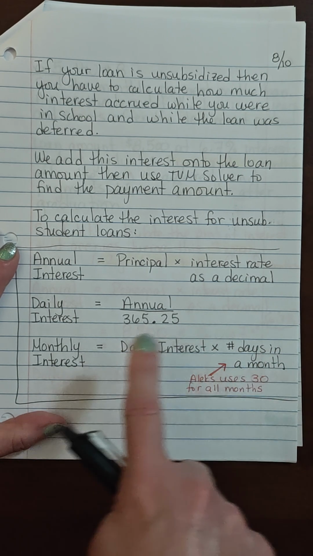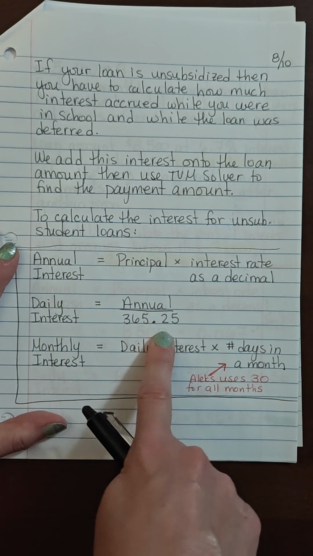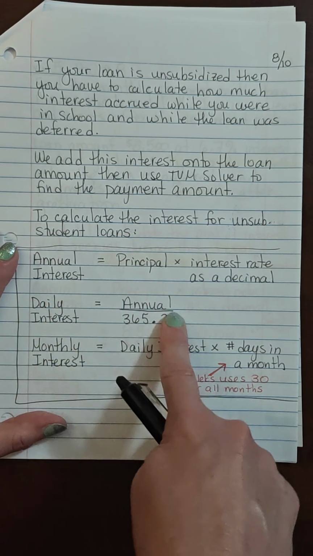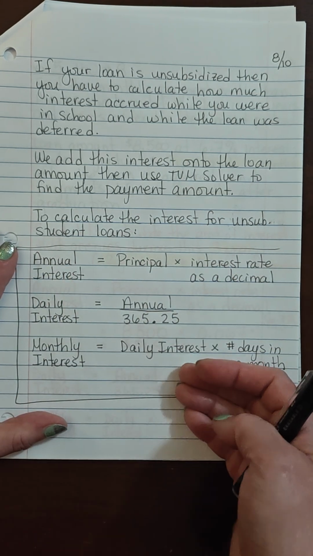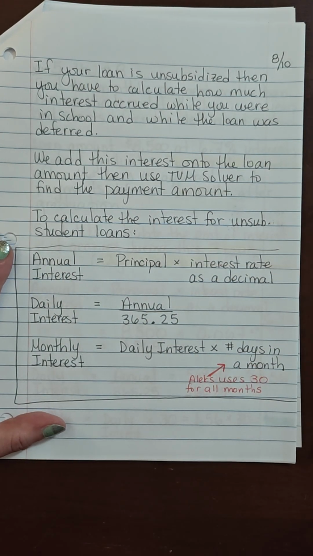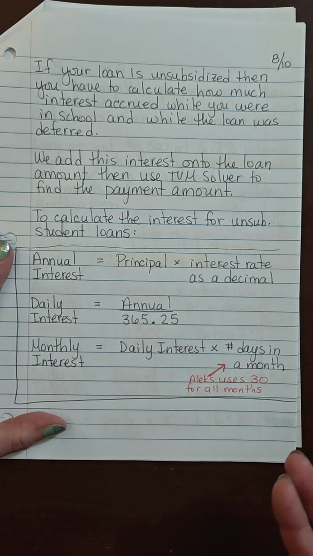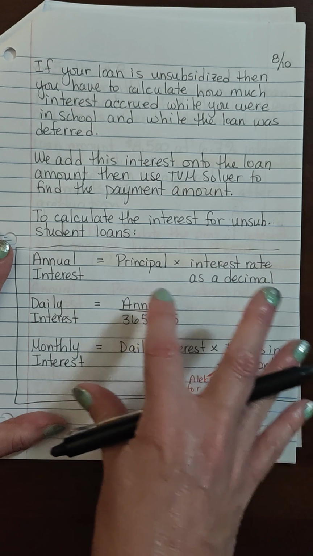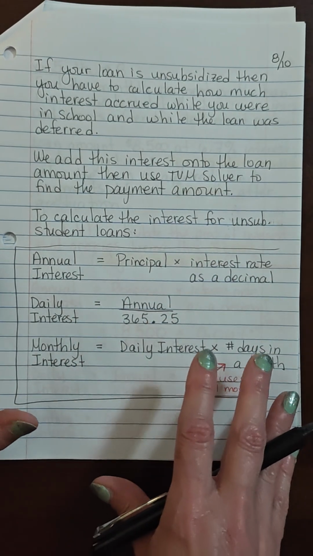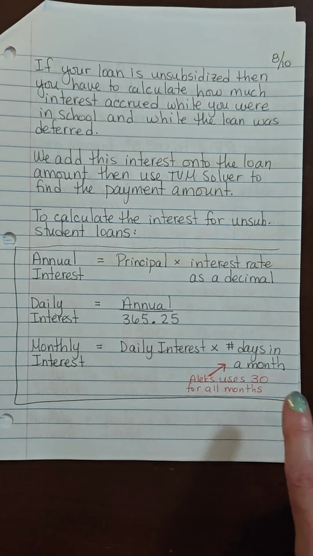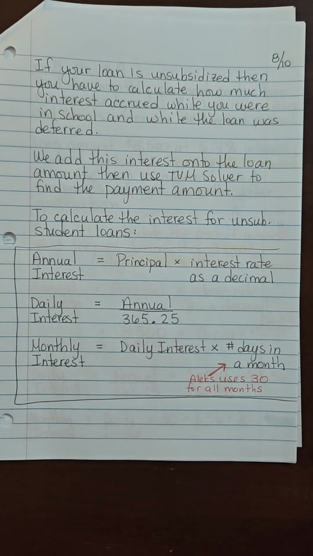Now, if you're like me, I stopped right here and was like, what if I just take this step out and just take the annual interest and divide it by 12, right? 12 months, duh. Yeah, that's not how Alex is going to work this. And that's because the way that daily works is that it's not equally split by all the months, because it really is dependent on the number of days in a month.